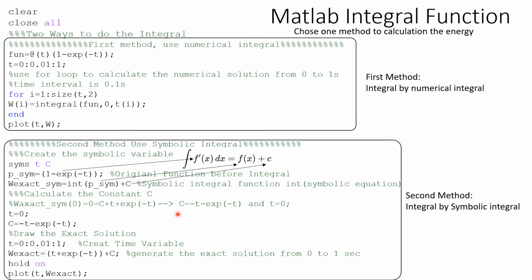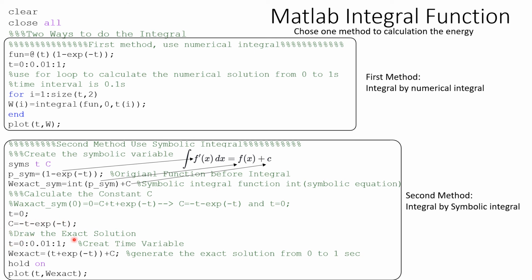After I use this equation, when you put t equal to 0, we can get the constant c, which should be minus 1.